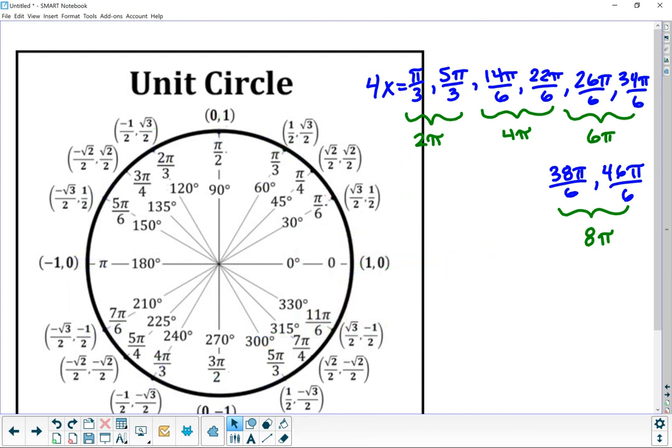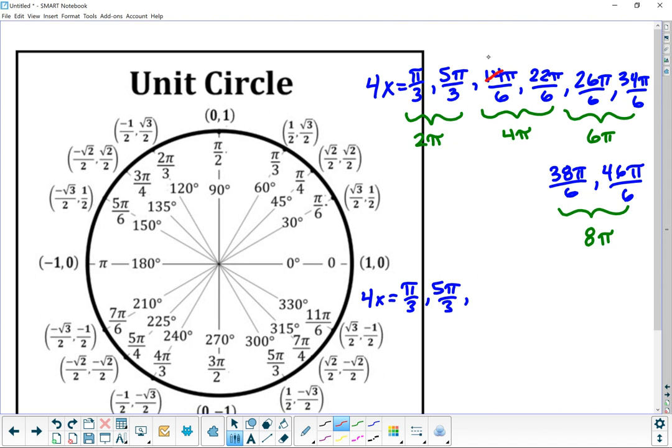All right, so let me rewrite all of these. Got pi over 3, 5 pi over 3. 14 over 6, you can divide both of them by 2.